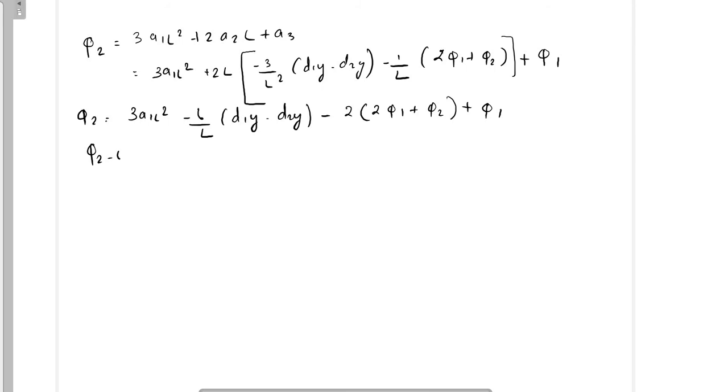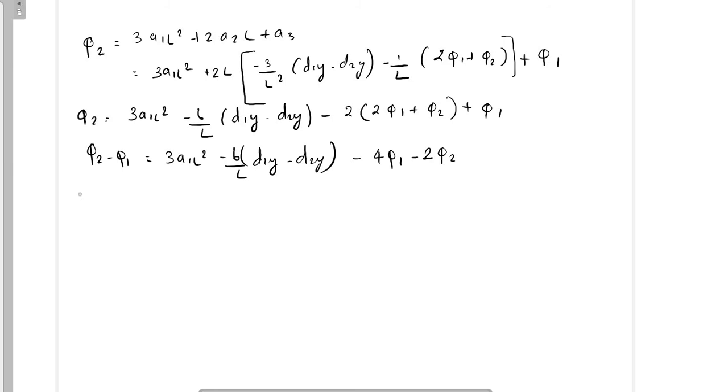So pi 2 minus pi 1 is 3a1 L square minus 6 by L d1y minus d2y. So if you multiply this 2 inside, it is minus 4 pi 1 minus 2 pi 2. So I am bringing all the pi 1 terms to the left side.